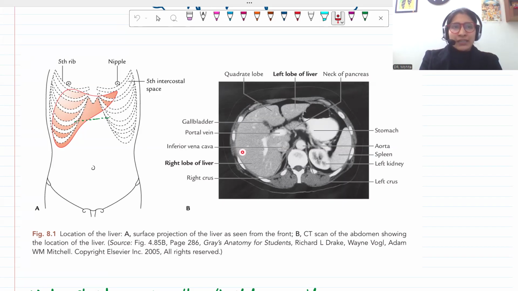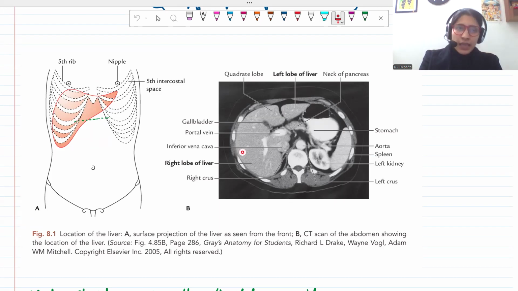On the left side, it extends up to the fifth intercostal space. And in the midline, the upper border is present at xiphi-sternal joint. The joint that is formed between the xiphoid process and the sternum here. That's where it extends.